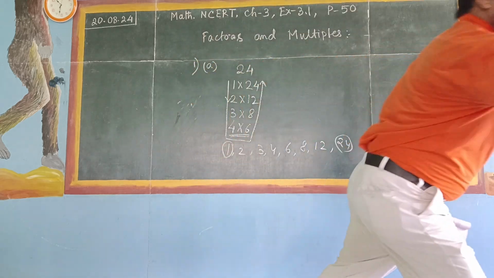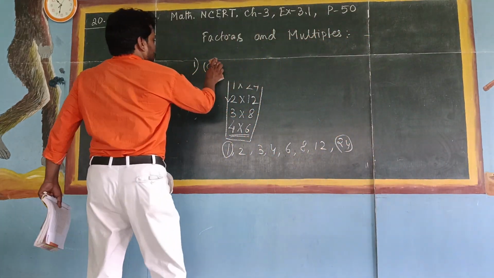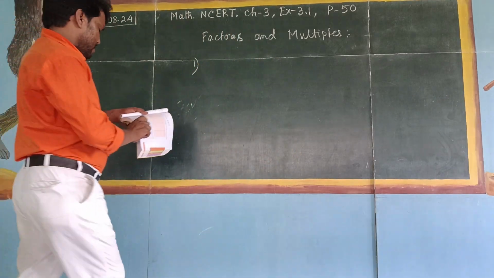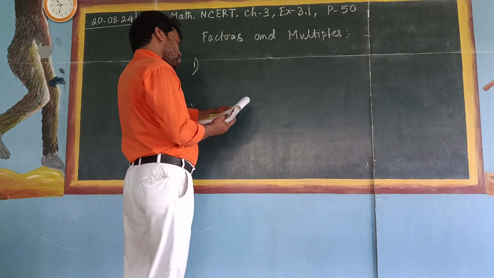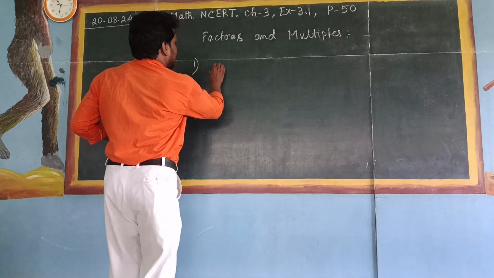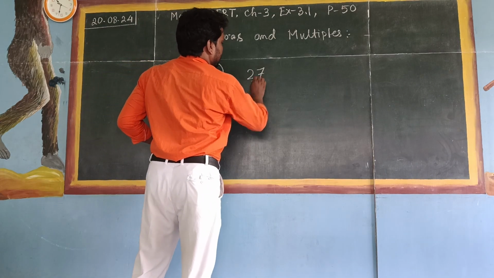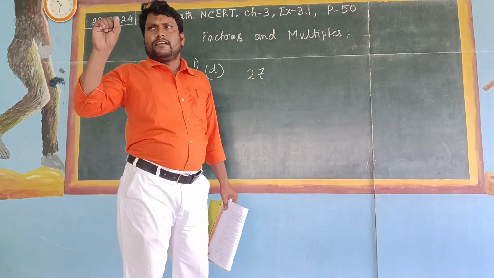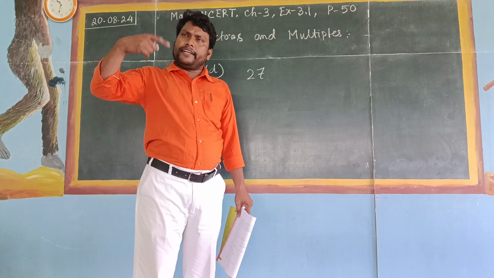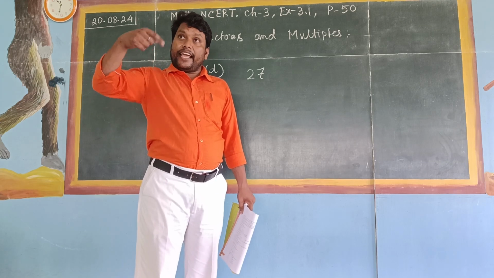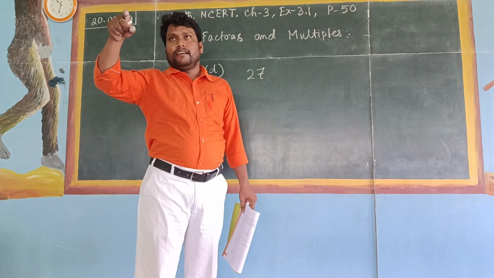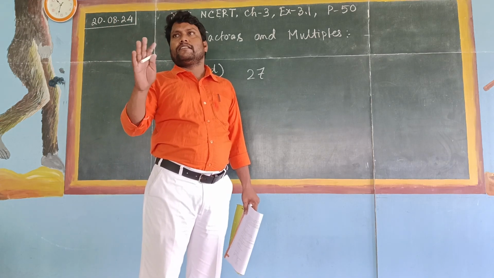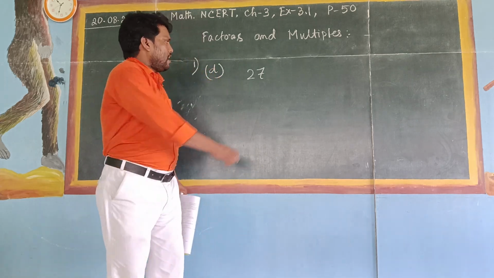Now, question number 1, B. There are so many problems. I am doing the important ones. 1D, 27. After writing the particular number, the table will automatically arise in your mind. If you do not memorize, you will not find where the number is located.